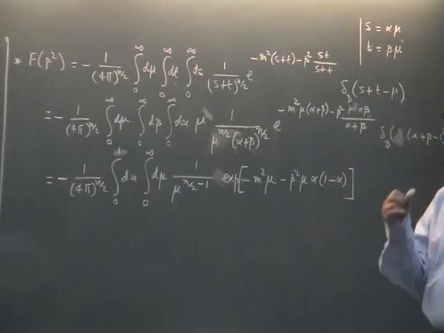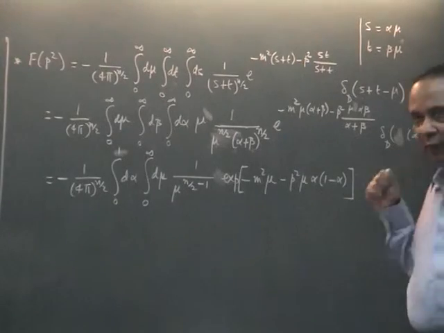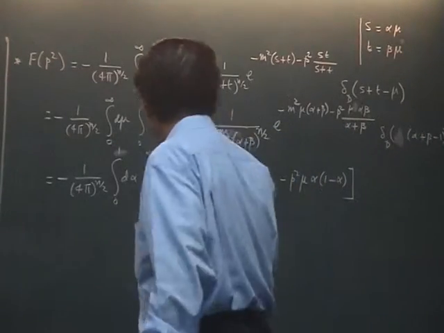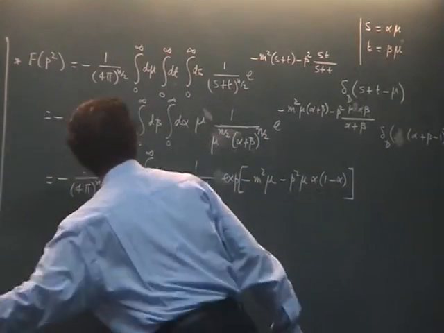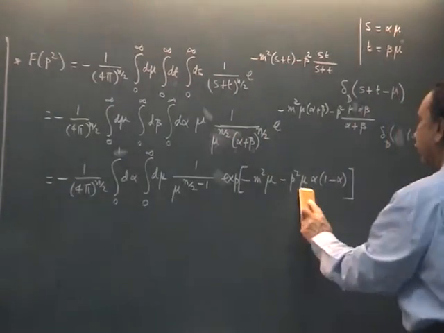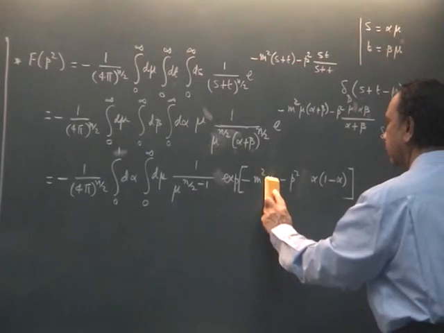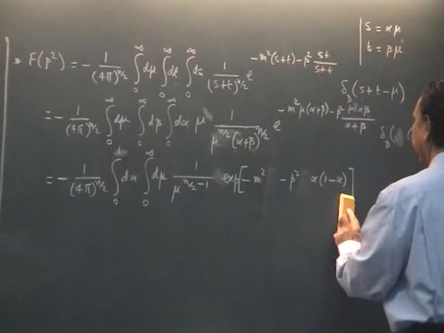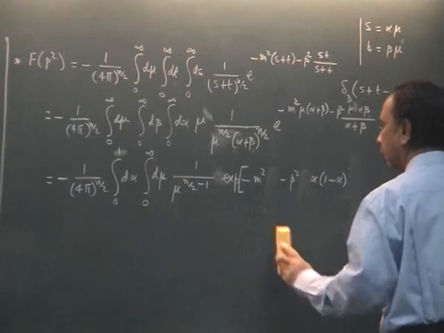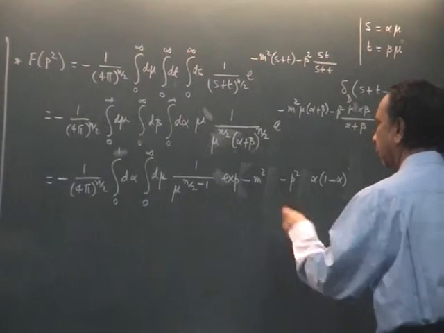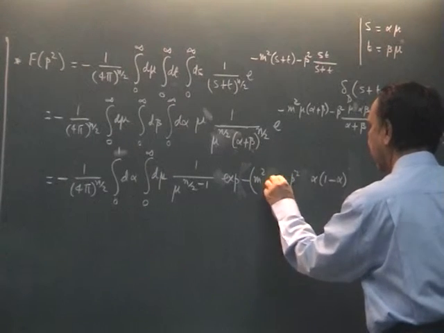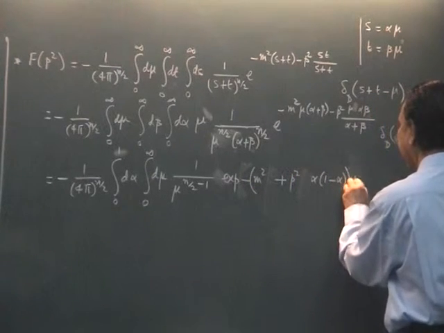So this is what you get. Okay? So let me once again check that. I'll do this integral as well and then check. Okay, so this can be simplified. So there is a mu which I can take outside, times mu.